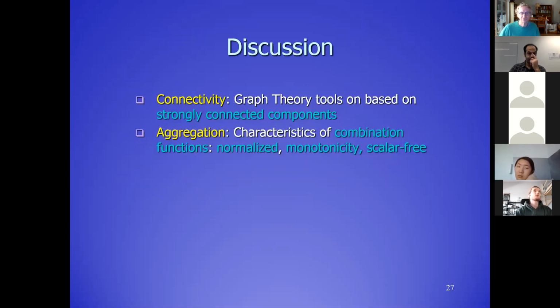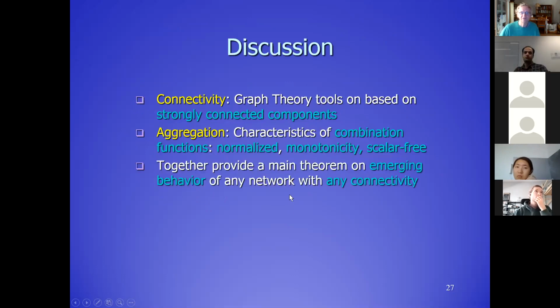I think this is all that I wanted to discuss for now. We have these graph theory tools based on strongly connected components that we have now exploited. And we have the same aggregation conditions again, like in the other case. Together we now have a main theorem for any connectivity, so we don't have any limitation anymore in the connectivity of a network.